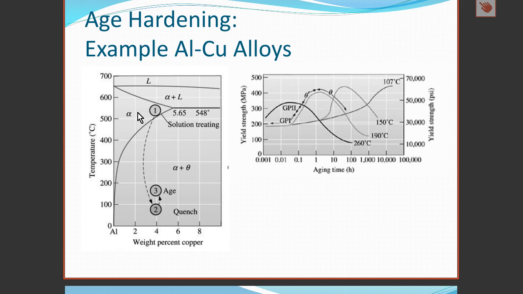In step 1 we see the material is in the alpha phase. When the material has been thus heat treated and exists in a single phase state, it is then quenched rapidly. When this is done, the single phase situation is retained, but it is thermodynamically unstable.